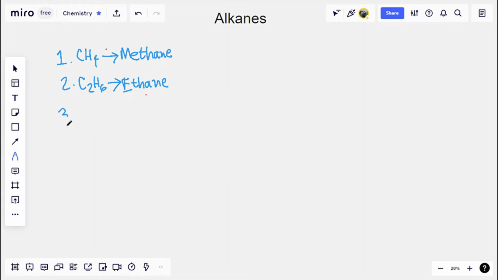The third one is C3H8, and it is propane. The fourth one is C4H10, or butane.